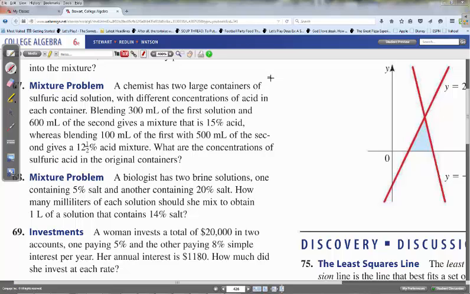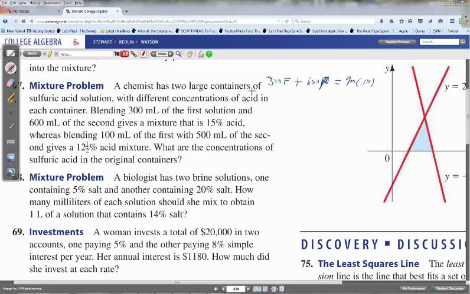So let's say 300 milliliters of the first percentage plus 600 milliliters of the second percentage, so we'll just call that P. Looks like a B. P equals, well, it'll be 15%, so of 900, so it would be 900 times 0.15, because the total acid in the two ingredients is going to be equal to the acid in the result.